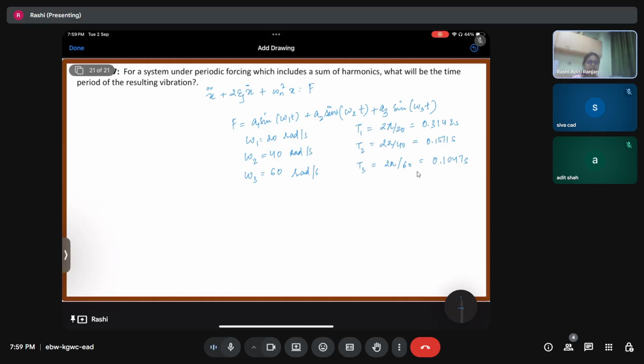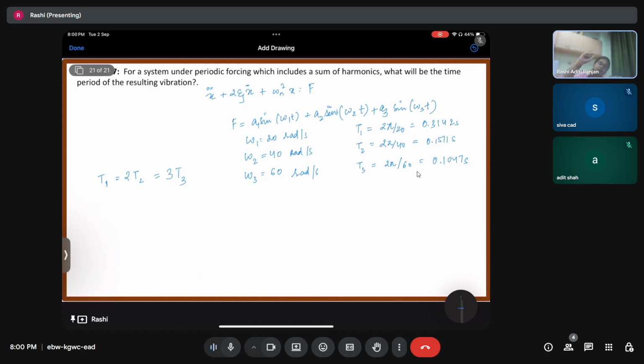Or we can say that T1 is twice T2, which is also equal to 3 times T3.